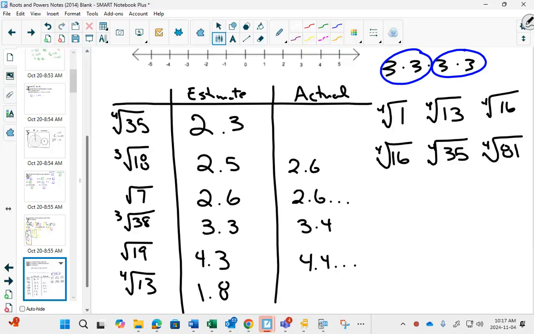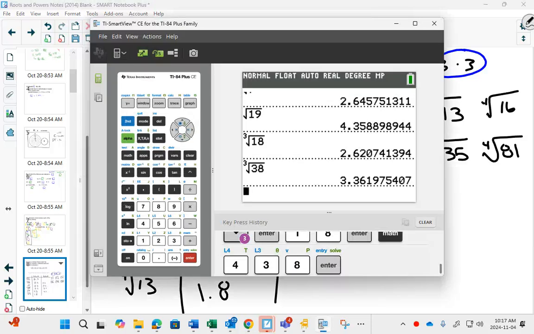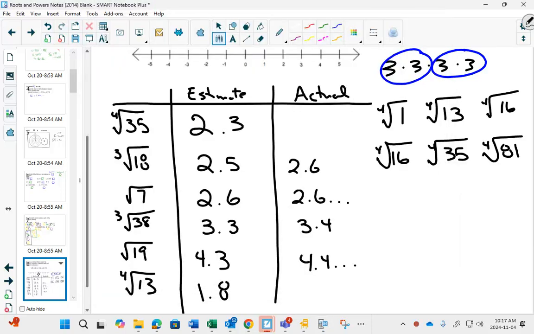Okay, we did pretty good with the 3.3, and the 2.6 we were really close. See how these ones are really close? I'm going to add one more decimal for each of those. So this one was 2.62, and the other one was 2.65. Actually, it's 2.64. But those two are really close to each other.